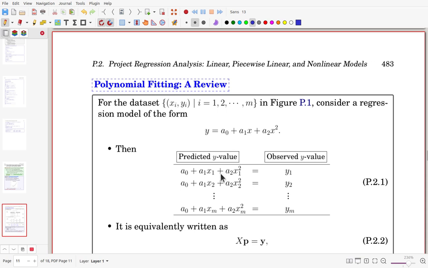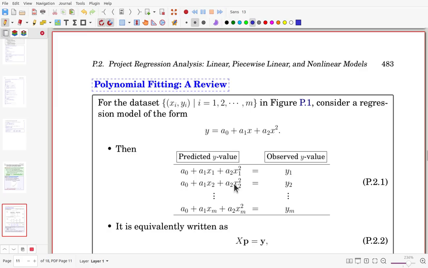For each point, we try to get a predicted value that is from the model, and this is from the data. And yi is mostly not the same, but anyway, we write it in this way, and we try to use the method of normal equations.